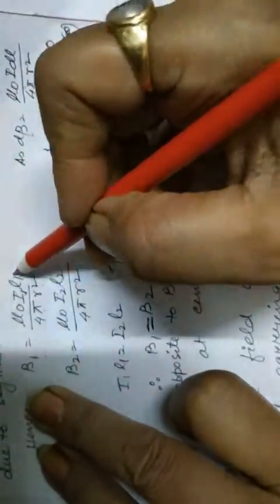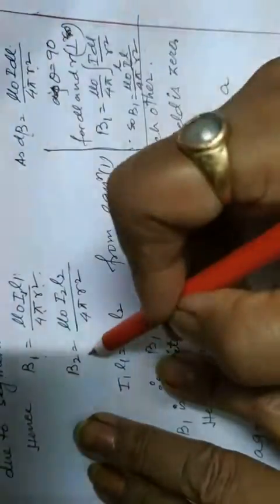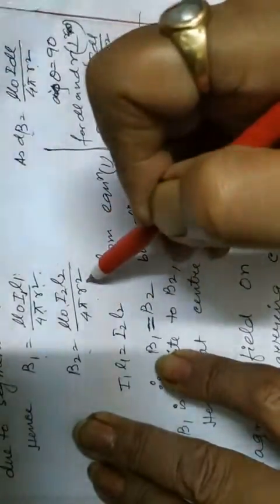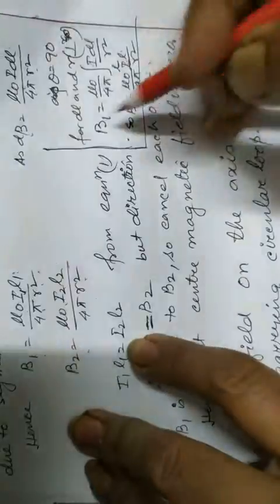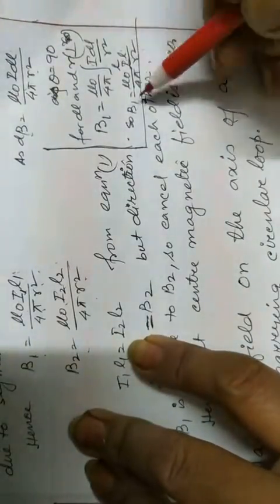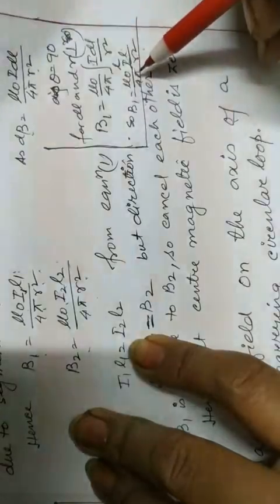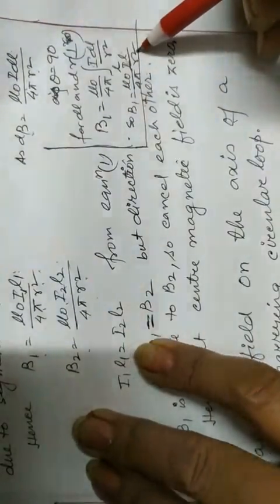So B1 is equal to mu 0 I1 L1 by 4 pi r square, and B2 is equal to mu 0 I2 L2 by 4 pi r square, because B is equal to mu 0 by 4 pi I L by r square.